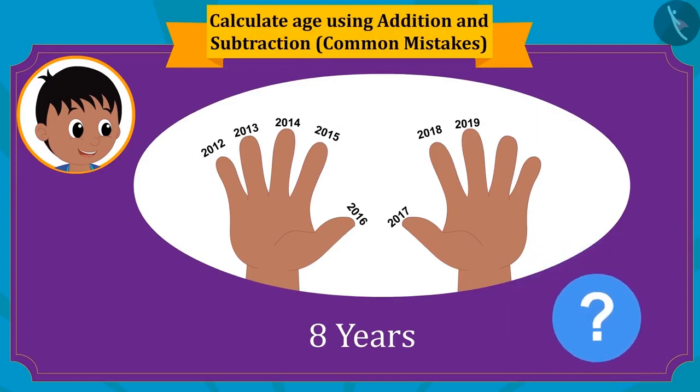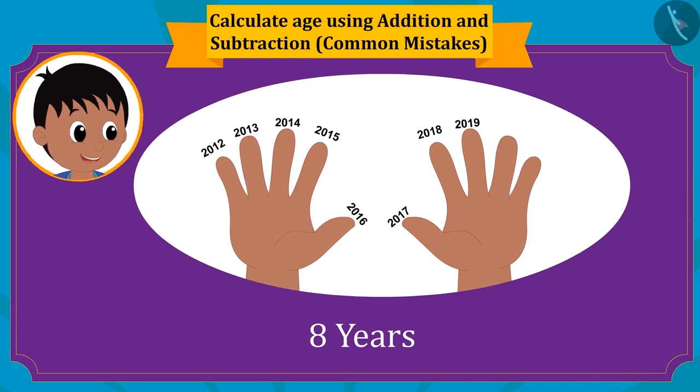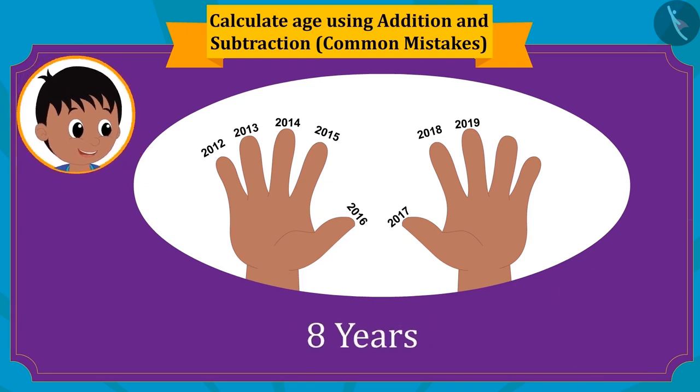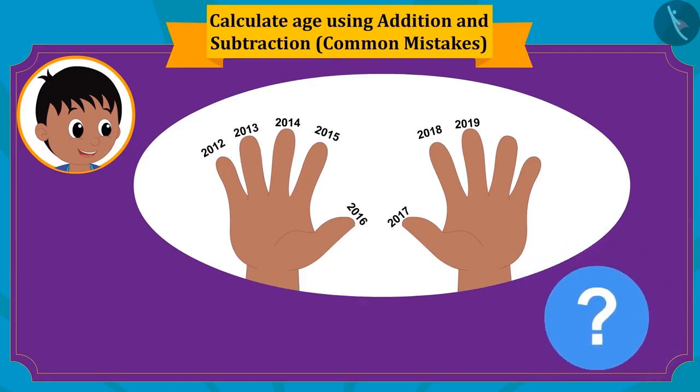Children, has Raju counted his age properly? Raju has made a mistake. He started counting from 2012, while he should start counting from 2013. But why?